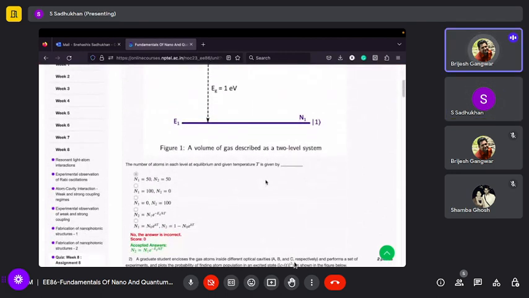The number of atoms in each level at equilibrium and given temperature T is given. So in equilibrium, what is the formula for N2?